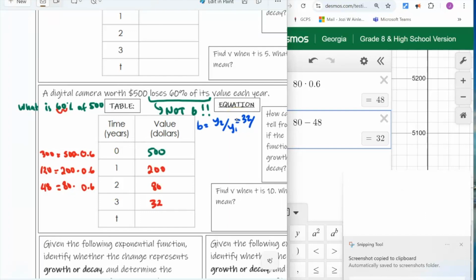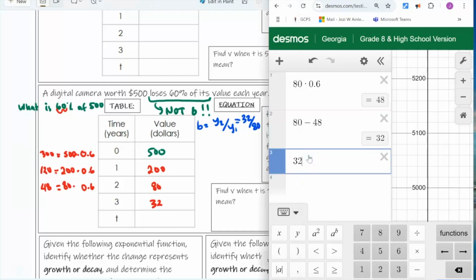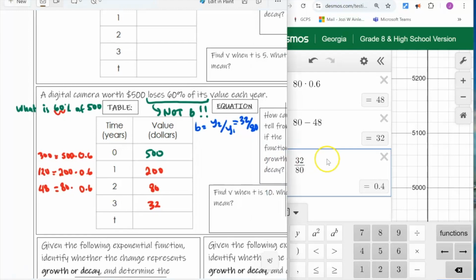If I pick 32 as my second y value, which one do I have to pick next? The one right before it. So I have to pick the 80. So 32 divided by 80 gives me my b, which is 0.4. So my b, every single time, if I did this correctly, has to be 0.4 for this to be an exponential function. So let's check it.